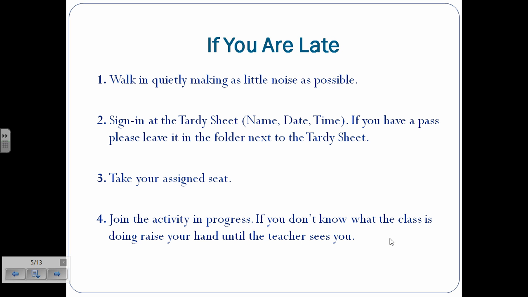Number 4, you'll join the activity in progress, and if you don't know what the class is doing, you'll want to raise your hand until the teacher sees you. And number 5, you want to continue working or waiting quietly until I get to your desk if you are late.